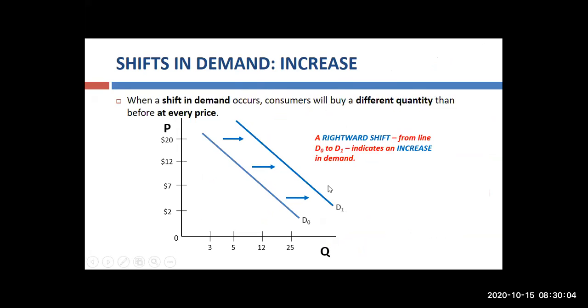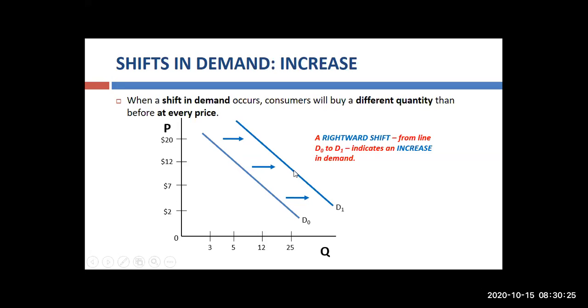So people will be willing and able to purchase items, and there will be a different quantity at every price. At $20, with a shift to the right, the quantity demanded will go from, let's say, 3 to 12.